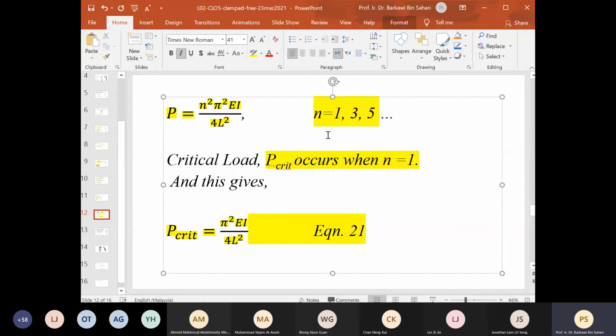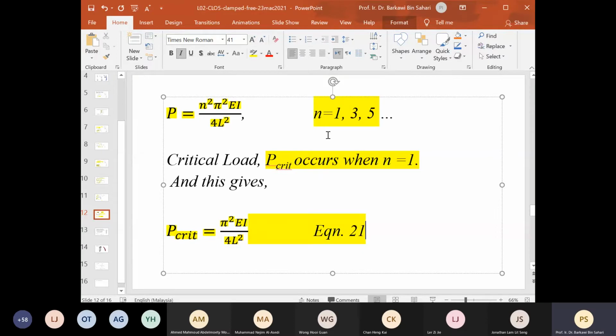It relates to the response: the column starts to buckle when n equal to 1, with the shape that we showed, a single bending curve. At higher n it will start to bend like a wave. So that's a higher load, and in the design of a column, we do not want it to buckle at all.